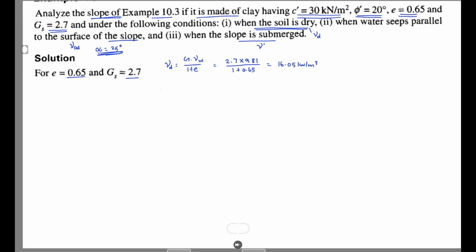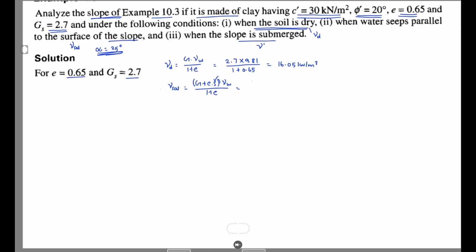Next is the gamma saturation value. Gamma saturation equals (G plus e) into S into gamma W divided by 1 plus e. In saturation condition S equals 1.